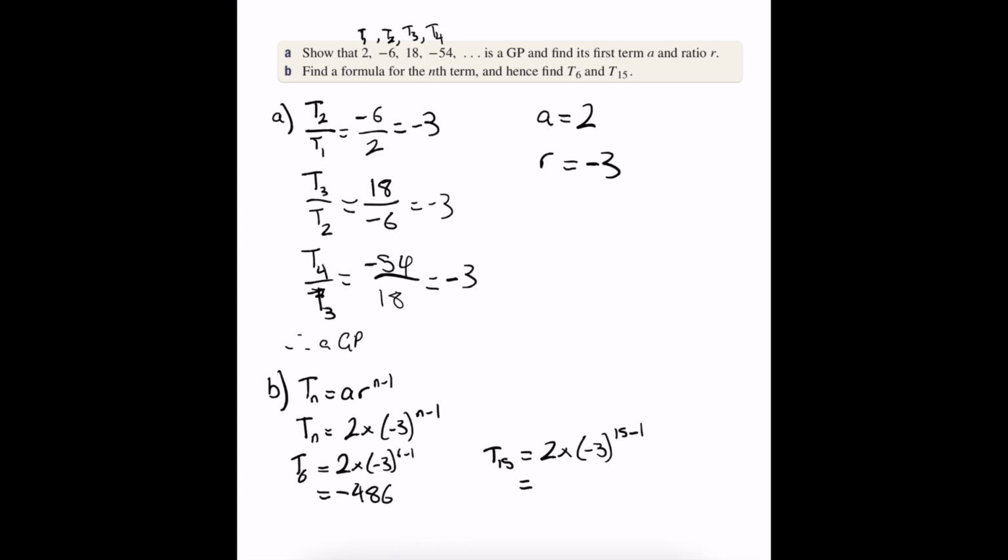And that is going to be a very large number, 9,565,938. So we can see that this specific GP escalates very quickly, and that will be the case for a lot of GPs.